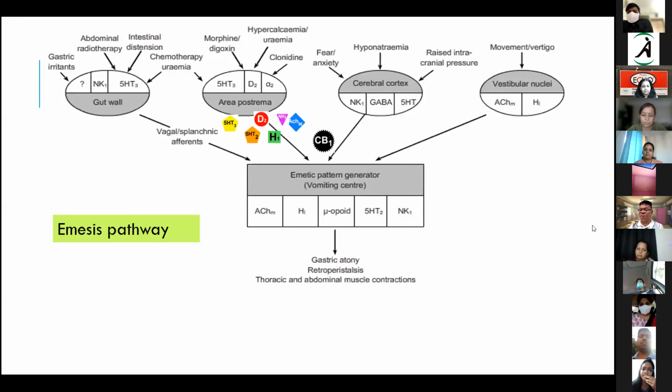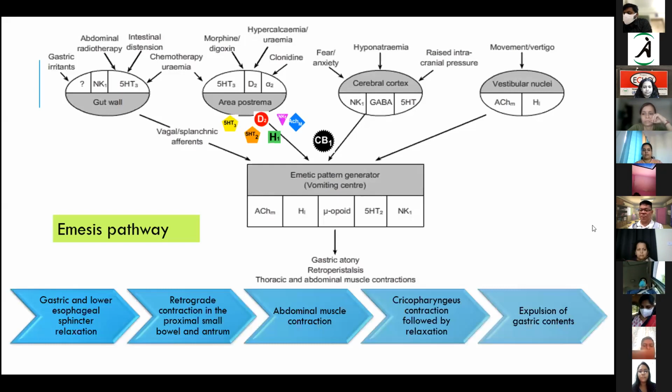Now along the MSS pathway, the area postrema acts mainly through 5-HT3, 5-HT2, dopamine, histamine, NK1, cannabinoid, and acetylcholine muscarinic receptors. Mainly in the emetic pattern generator, that is the vomiting center, acetylcholine, H1 (histamine receptors), mu opioid receptors, 5-HT2 and NK1 are commonly present, through which nausea or vomiting is mediated.